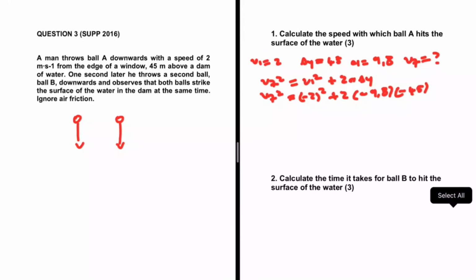When it strikes the ground, it is minus 45 meters from the starting point. So we're going to have VF squared being equal to 886. We're going to have VF being equal to 29.77 meters per second. The question says we should calculate the speed, so we don't have to give the direction. If we had to give the direction, it would be downwards because it strikes the ground on its way downwards.